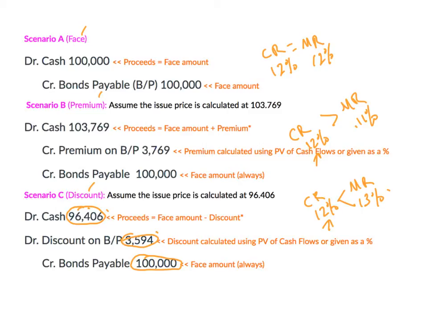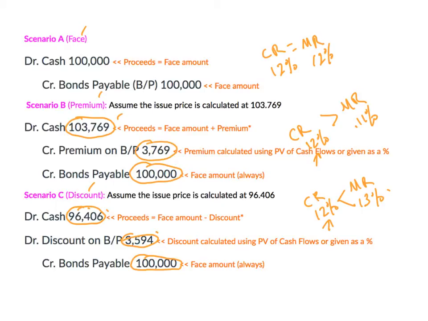And to do so, we're going to ask the investor to loan something above the face of $100,000. So in this case, it will be $103,769. We're still going to return to the investor at the end of the life of the bond the full face, which is actually less than the borrowing. The difference is what we refer to as a premium.